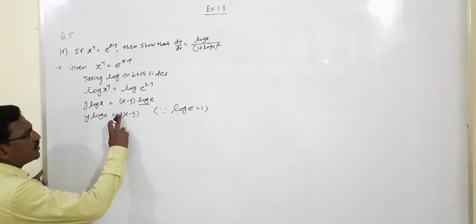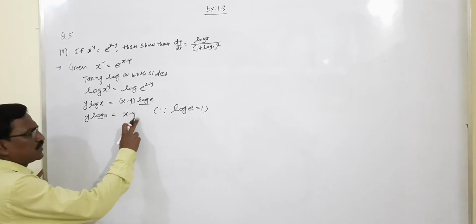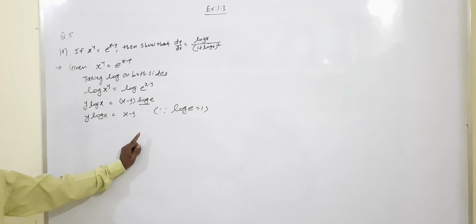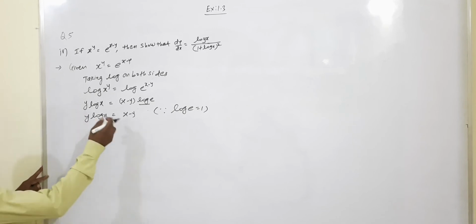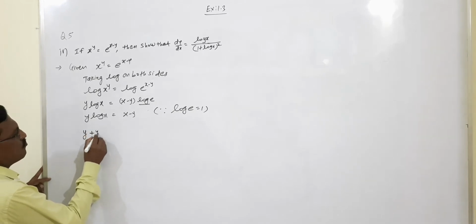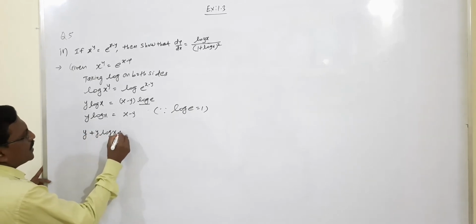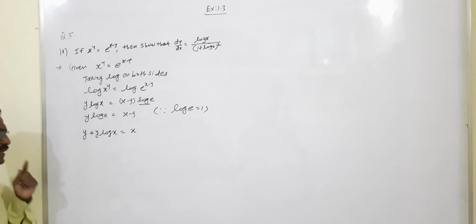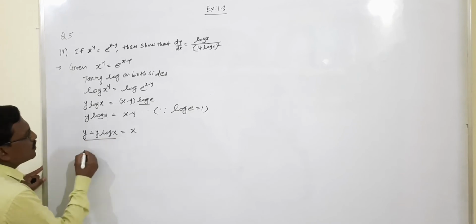Now we take this minus y to the left hand side, so it is plus y. y plus y into log x equal to x only. And now again we take y common from these two terms.